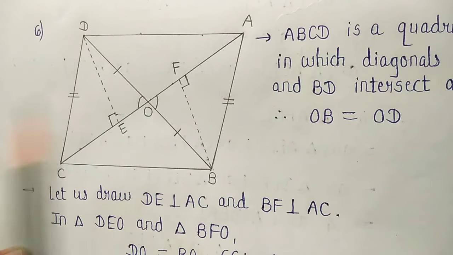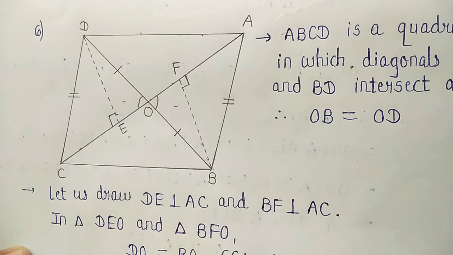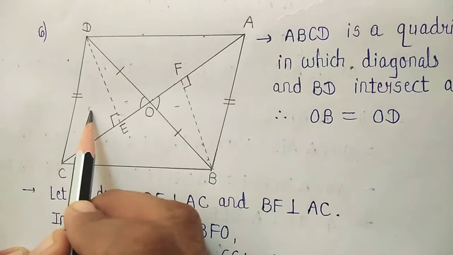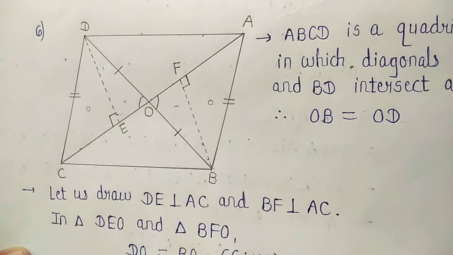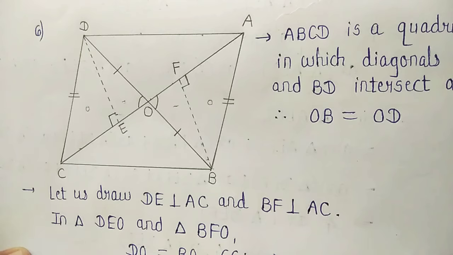So what are we doing? First we have proved these two triangles are congruent. Now we will prove these two triangles are congruent, and then we will add this two and this two, then we can prove that DOC and AOB triangles have equal area, right?